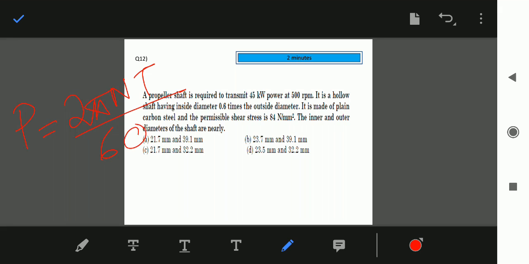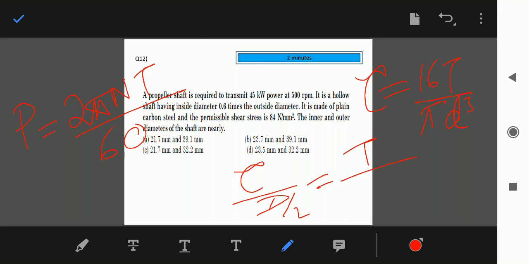T is the torque, and tau equals 16 T upon pi d cube for solid shaft, and for hollow shaft tau by capital D by 2 equals T by J, as you know, tau by r equals T by J. J is the polar moment of inertia, polar moment of area. So tau by r equals T by J.